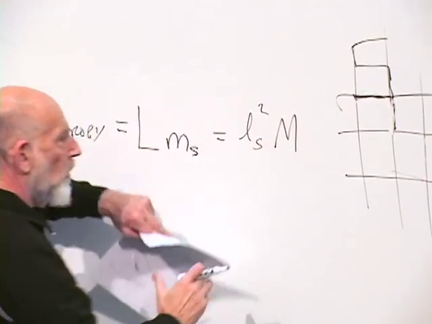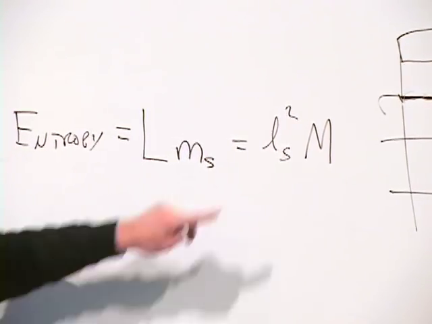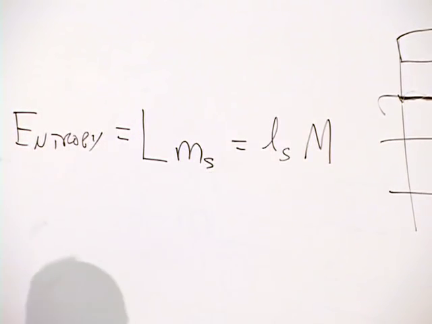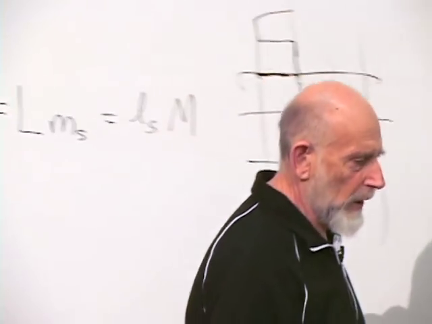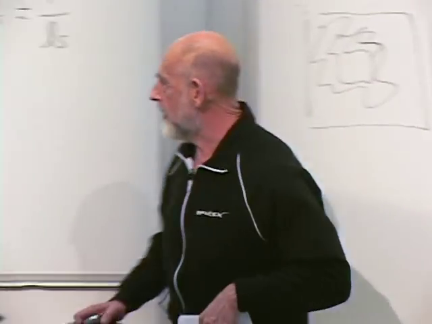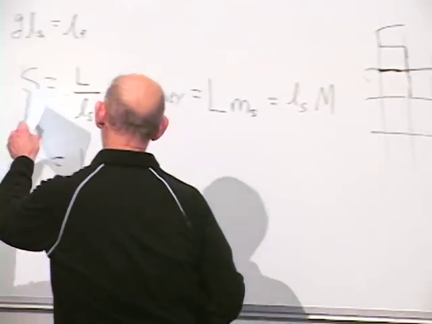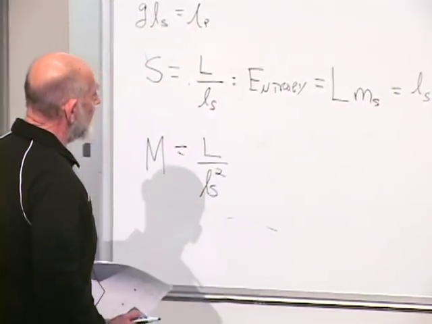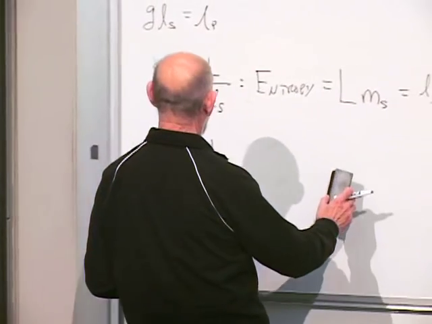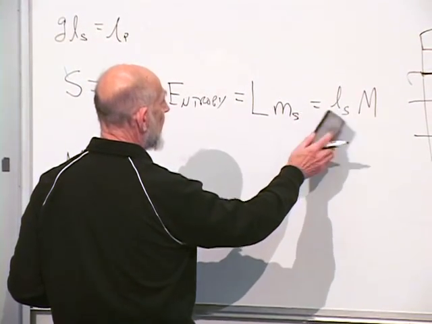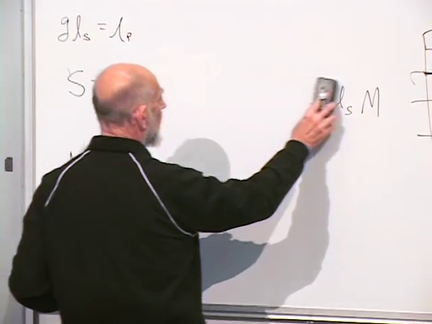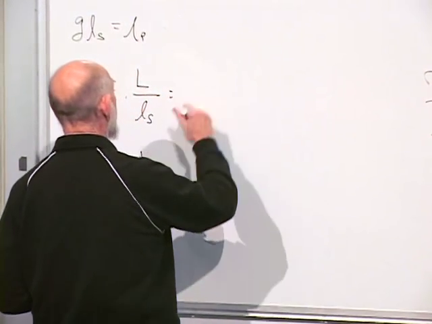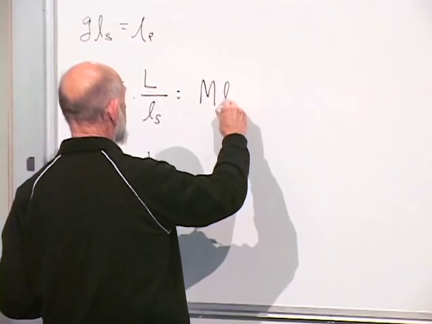But M string is 1 over L string, right? So we can just take away one of these L strings. I think I'll just condense this into 2 equations because parts of them I'm not interested in. L is the length divided by the string length, but it also happens to be the mass times the string length: the total mass of the string M times the string length.